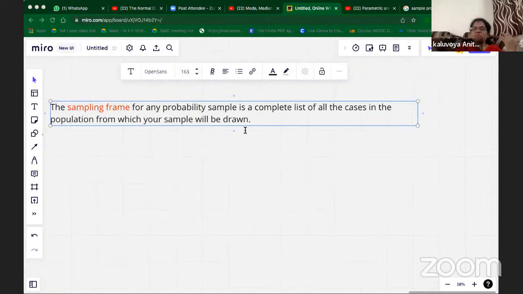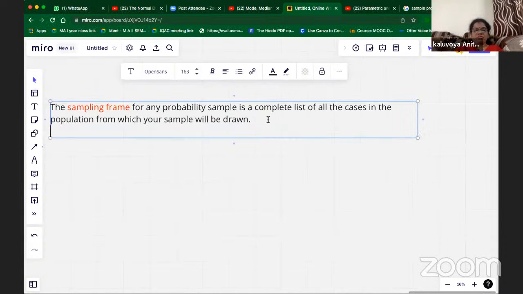If your research objective is concerned with the members of a local press club, your sample frame will be the complete membership list of that club. Is this clear? This example will help you understand the sampling frame much better. Who all are members of that press club become your sample frame.